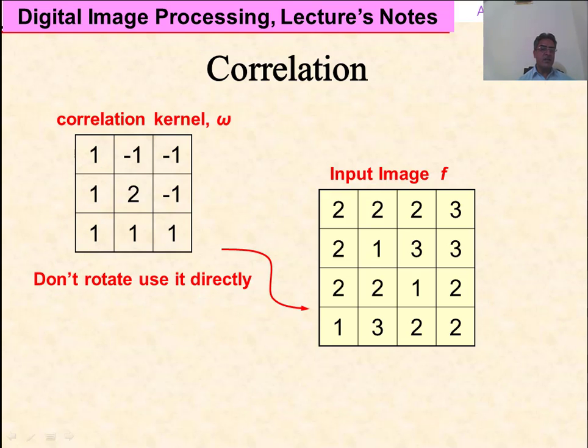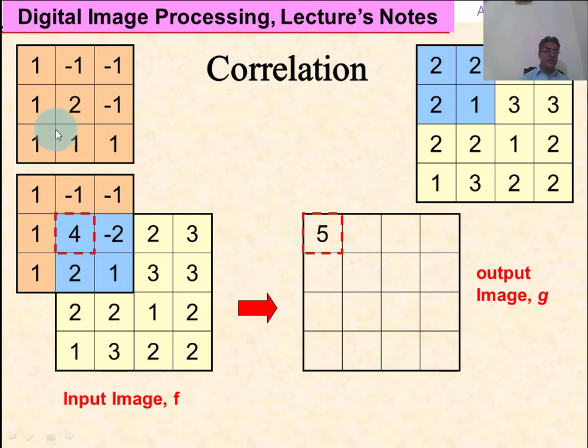This is the original mask. We have not rotated it, and we are performing this mask on this input image. The first operation, the mask will operate on these 4 pixels, because when we put this central pixel at the first location, then these 4 values will overlap these 4 values, and the result will be 4, -2, 2, 1.